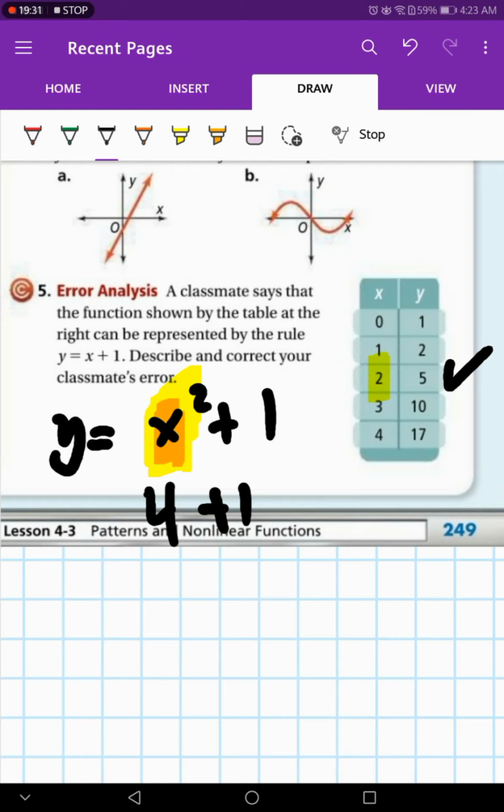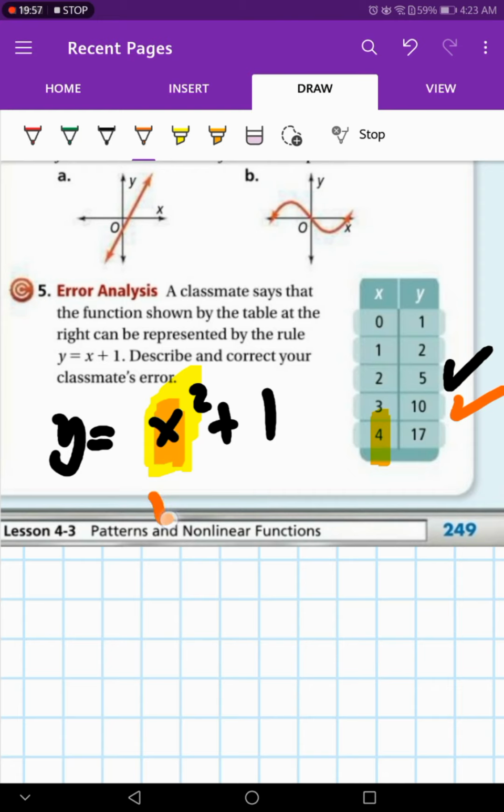Yes, it is correct. Now put the 3 instead of the x, and it will be 3 with power 2, and 3 with power 2, as you know, is 3 multiply 3, which equals 9. 9 plus 1 equals 10, which is correct. And the last one is 4. Put the 4 instead of the x here.